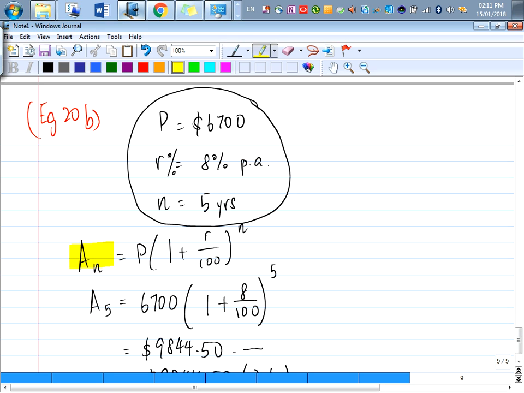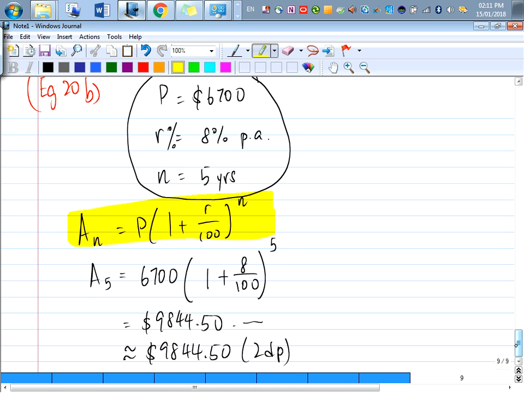I'm going to highlight the formula. This is the formula. With the formula, we can simply substitute in values that we know of. For example, the value of n is equal to 5, so I replace all the n with 5.